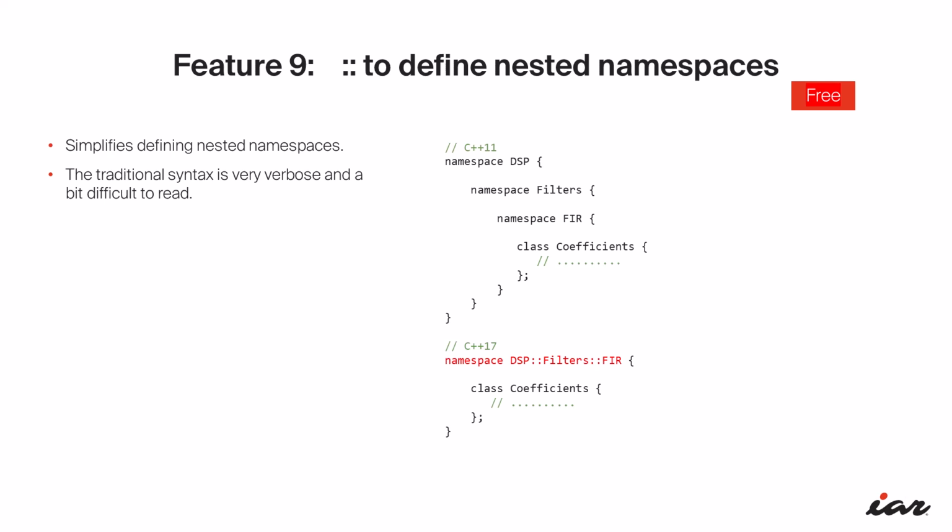If we look at the C++ 11 and 14 style of declaring namespaces, you nest them by using left and right curly braces.